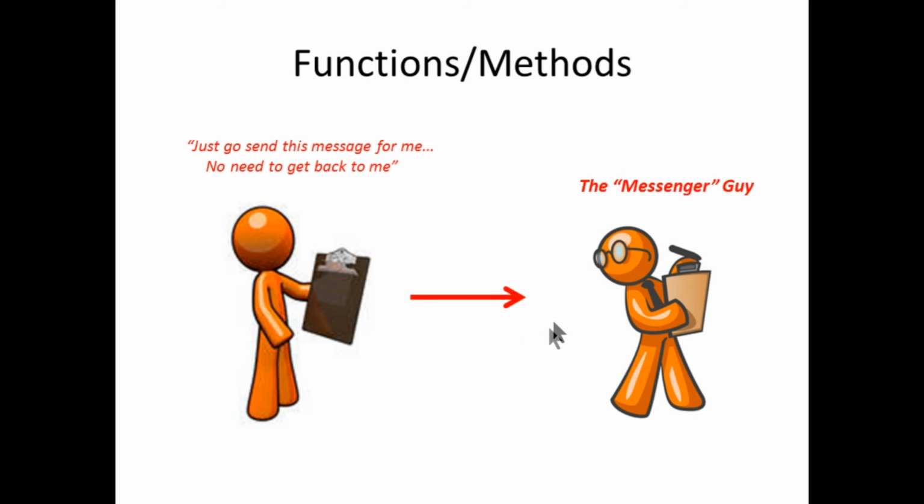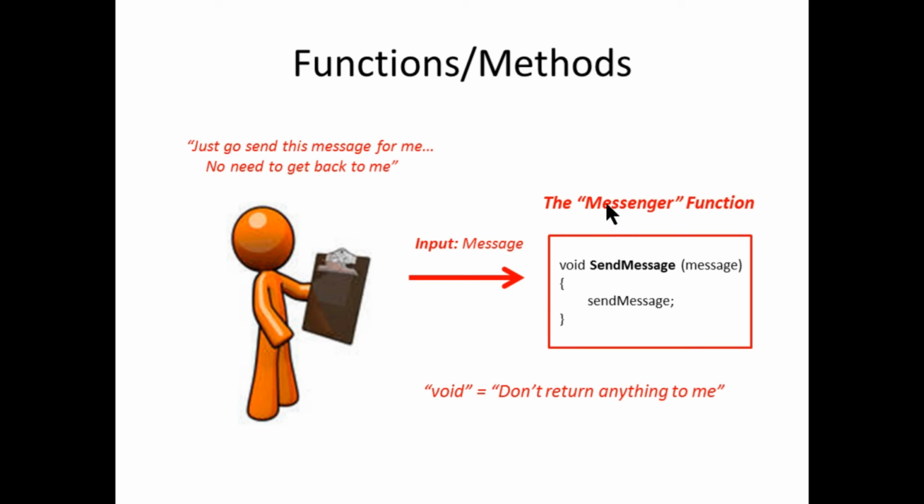Now, if I don't need a return value, for example, let's say I've got a messenger guy, and his job is to send a message. And maybe I've got a case where the supervisor says, just go send this message for me, but no need to get back to me with any response or any answer. So in this case, I've got C# where I've got a messenger function called send message.